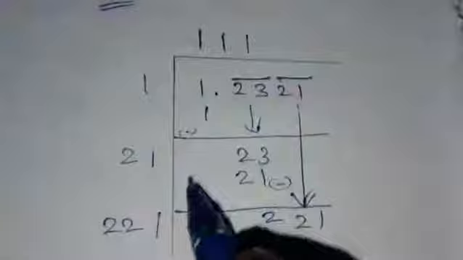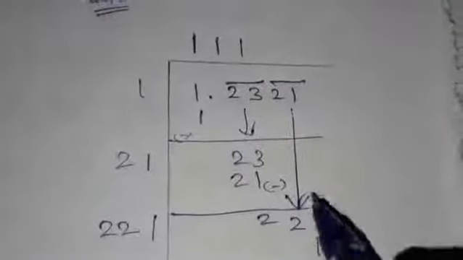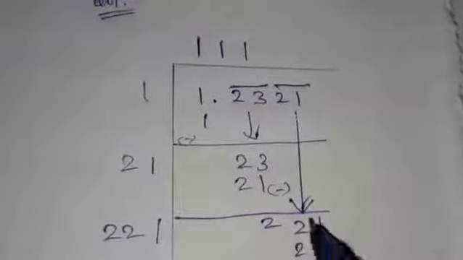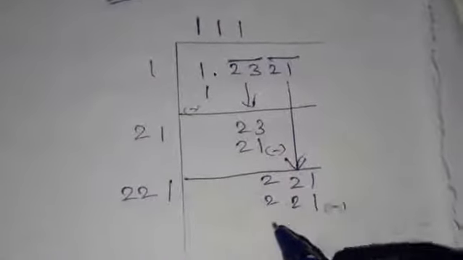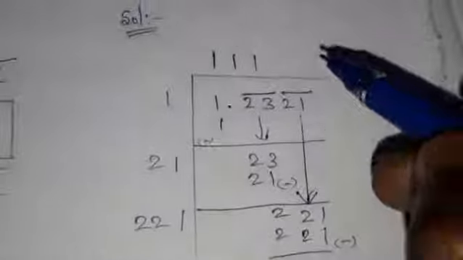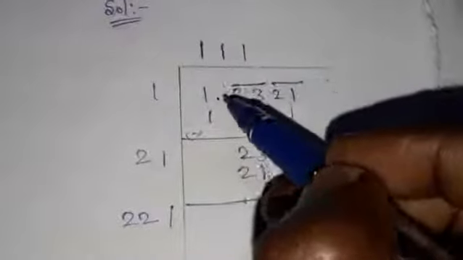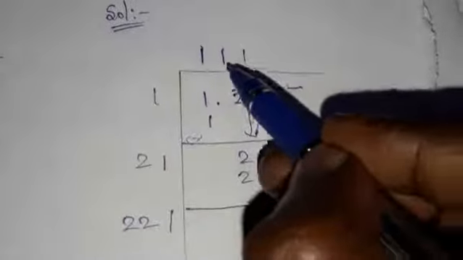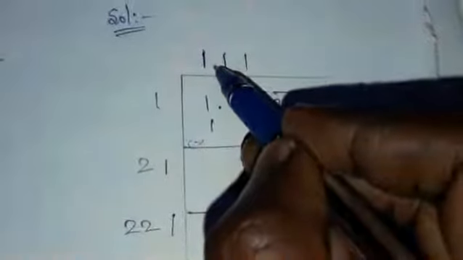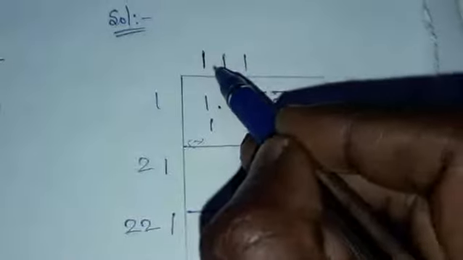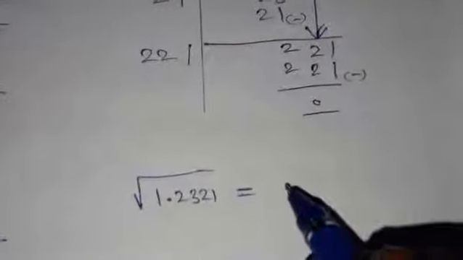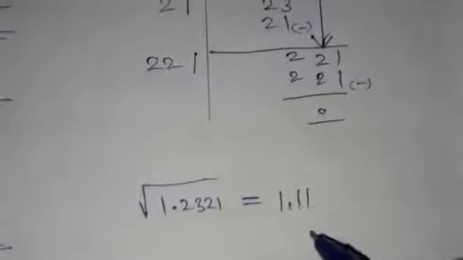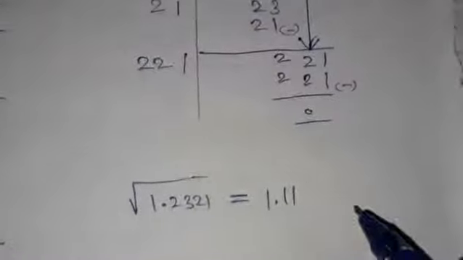Let us write number 1. 1 times 1 is 1. 1 times 2 is 2. 1 times 2 is 2. When we subtract this, we get 0. This is a decimal number, so we have to put a dot here. So the square root of 1.2321 equals 1.11. This is the answer for this question.